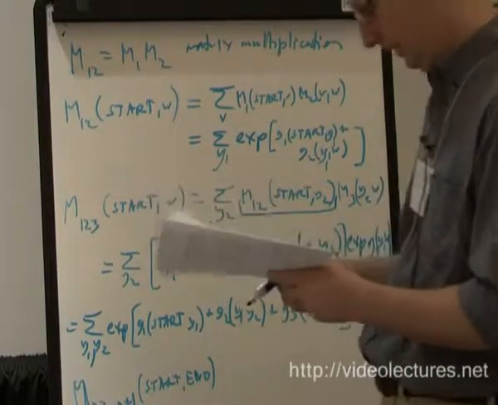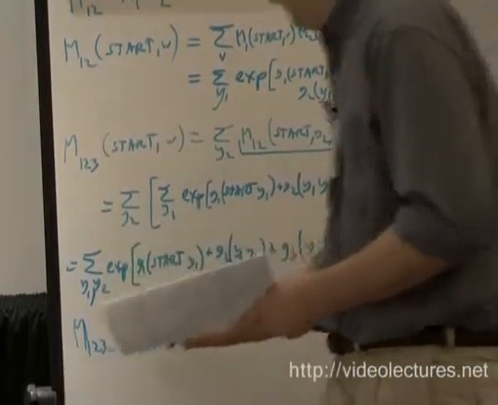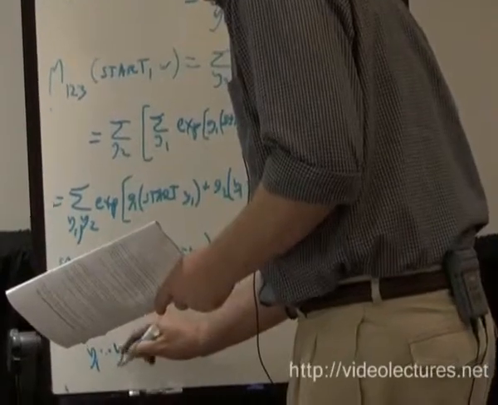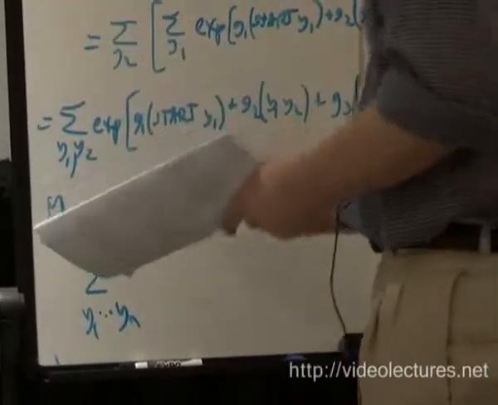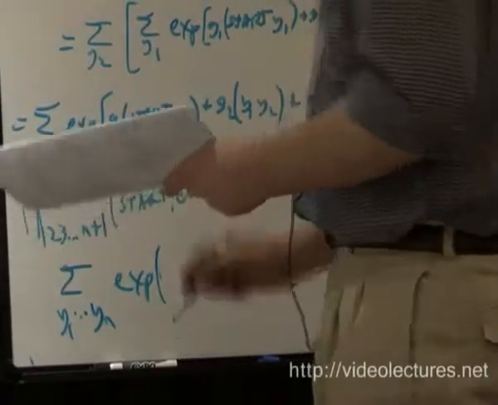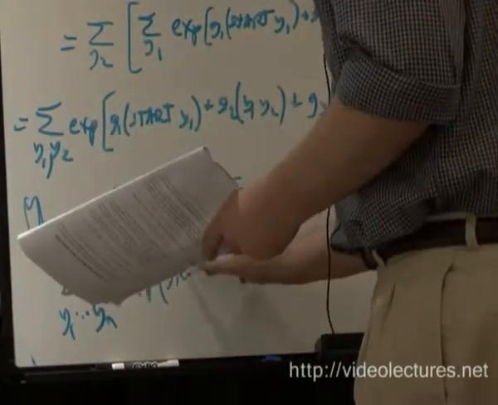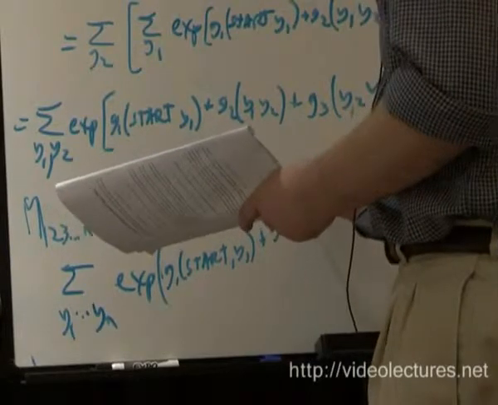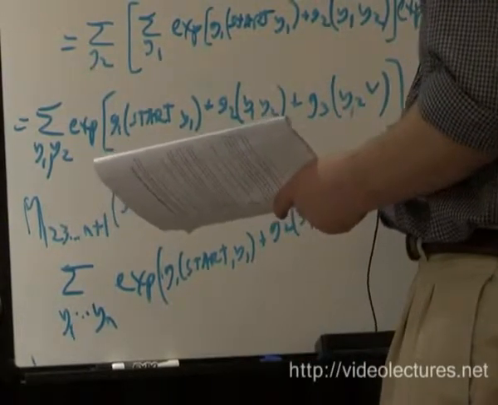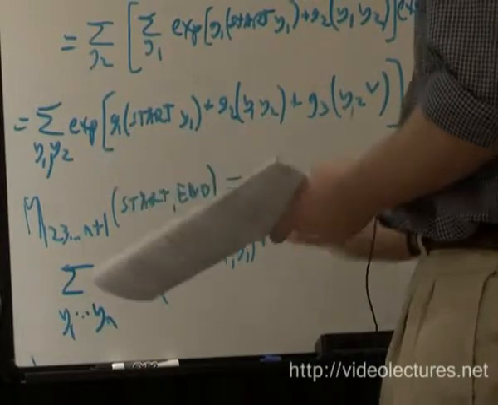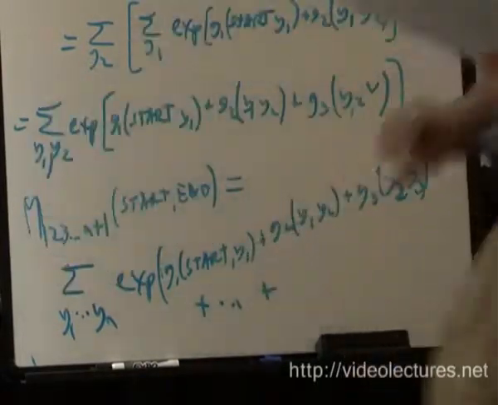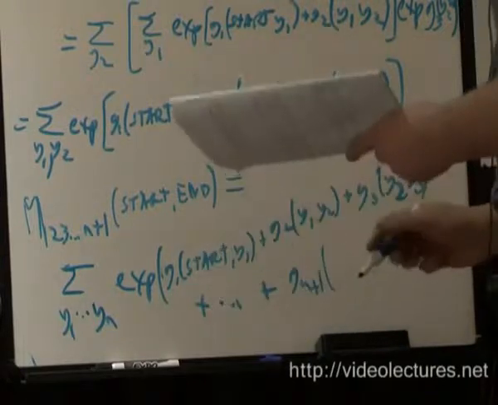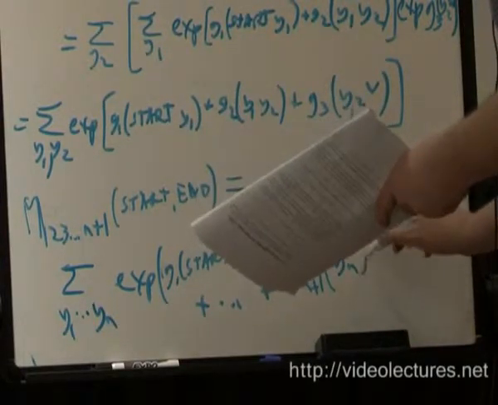And it's going to be the sum over y1 up to yn of the exponential of g1 of start y1 plus g2 y1 y2 plus g3 y2 y3 and so on up to gn plus 1 of yn and end.